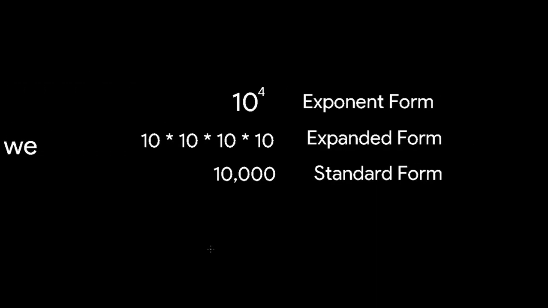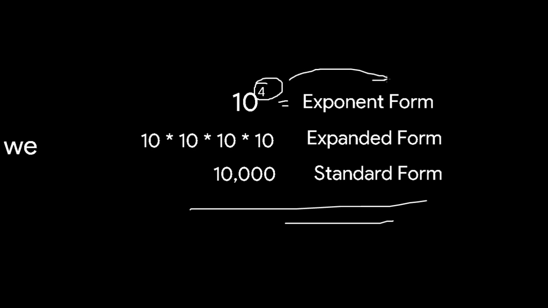So, things to know before we start. You need to know all these forms. The first form is exponent form. We have talked about this one, and it is actually called powers. If in case you do not know, please check our previous episode. Then this four is called expanded form.